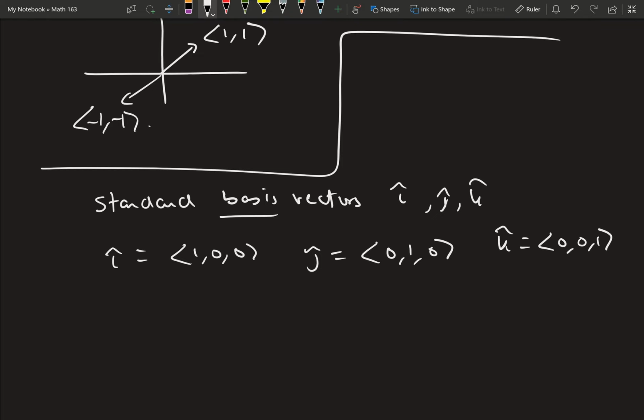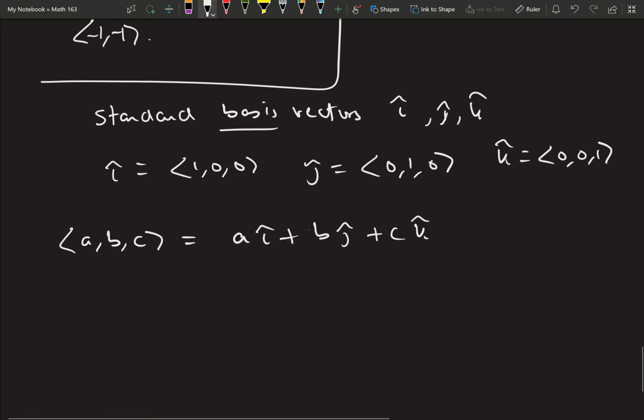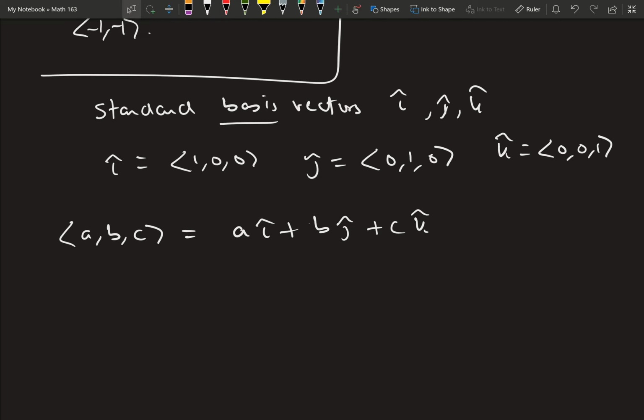It's a term from linear algebra, but essentially it just means if I'm given any vector ⟨a, b, c⟩, I can write this as a times the vector i plus b times the vector j plus c times the vector k. You can see that relatively straightforwardly, and any vector can be decomposed like this into what's called a linear combination of these three vectors. It turns out to be somewhat useful, and it's used quite often in the book. I will talk more about that probably at some other point.